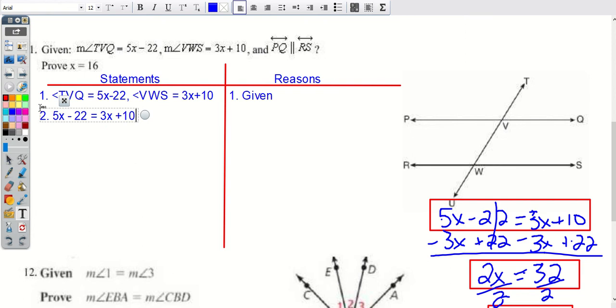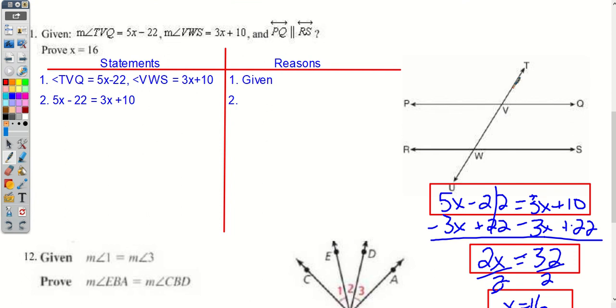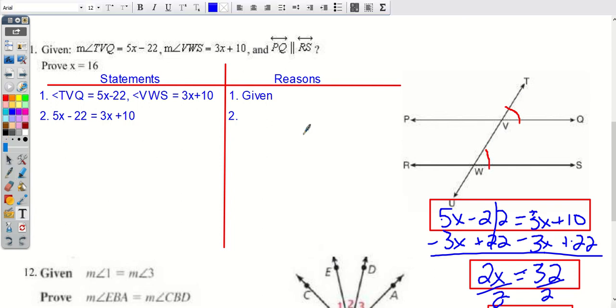So we need a reason for that, and we kind of went over this in class, but in case we didn't, remember those two angles, TVQ, right, which is right here, okay, and VWS, which is down here. These two angles are equal because they are corresponding, right? So we're going to put down for ourselves, you got to remember, we got to start it with two parallel lines cut by a transversal, and then we can fill in from there.